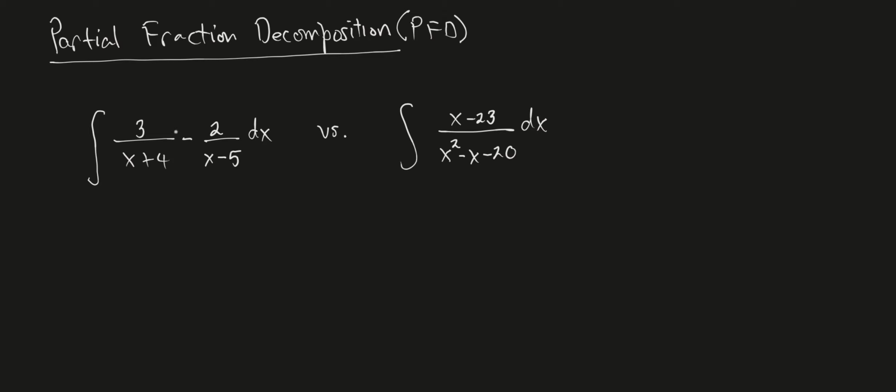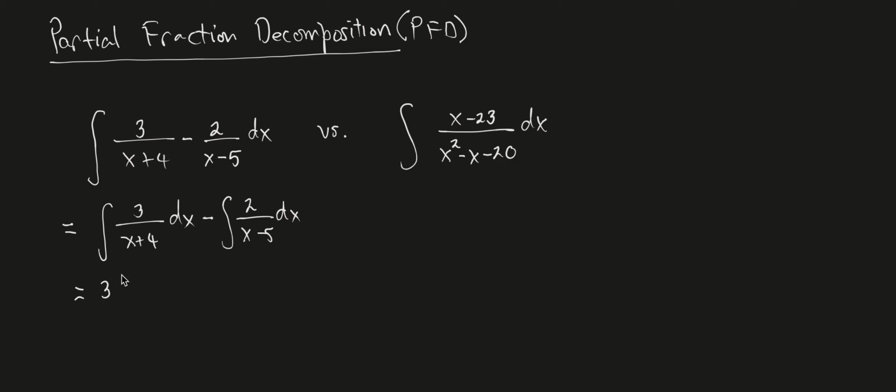Whereas over here, where I have these two separate fractions, I can think of this one as the integral of 3 over x plus 4 minus, oh, I'm sorry, let's split it into 2. And then we have dx, and then minus the integral of 2 over x minus 5 dx. So that's one property of the definite integral or indefinite integral we can use. And we can also factor out the 3.